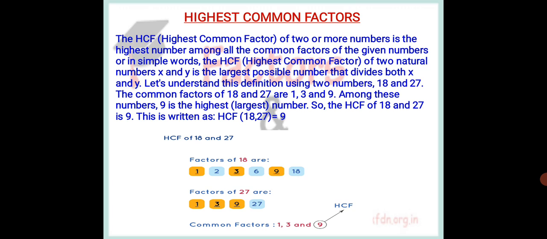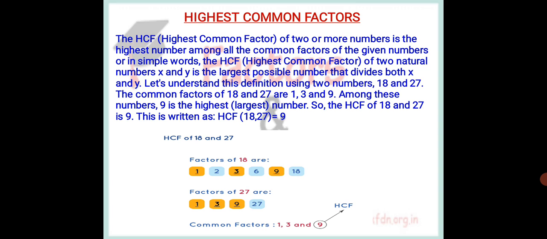Next point is highest common factor, in short HCF. The highest common factor of two or more numbers is the highest number among all the common factors of the given numbers.